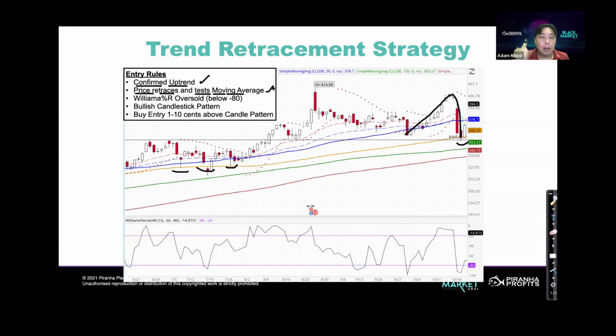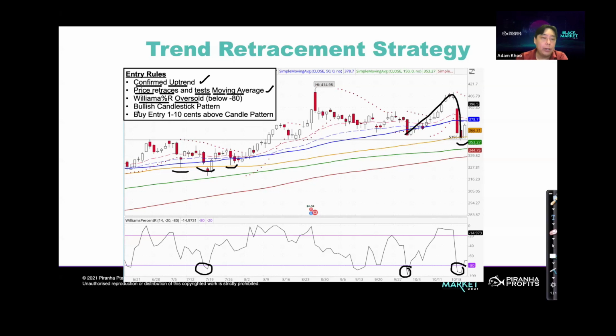Next, when it waved down to the moving average, did the indicator become oversold? Yes. Can you see oversold here? Notice when it's oversold, it'll bounce. The rubber band, snap.